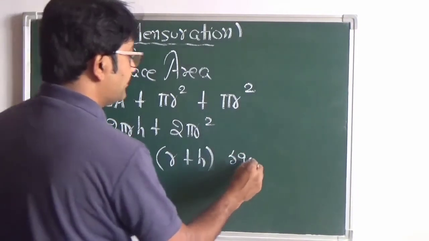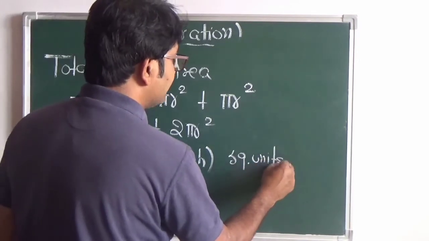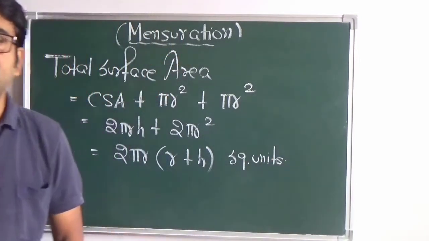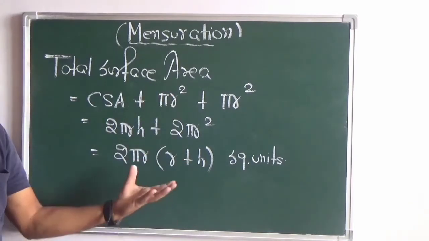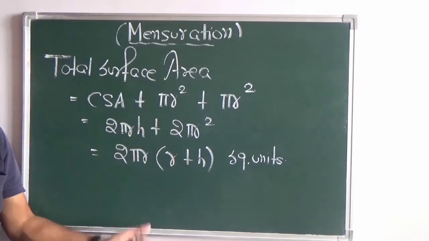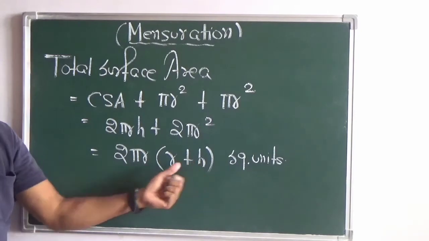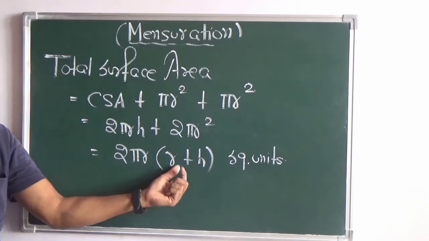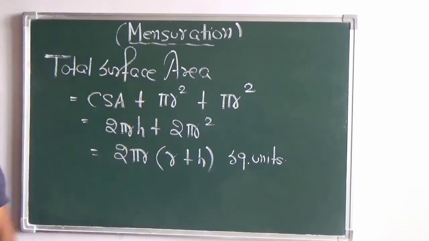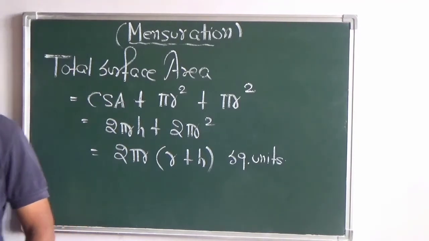Obviously this will be in square units. Area is always measured in square units. So this is the total surface area of a right circular cylinder, where r is the radius of the circular base of the cylinder and h is the height of the cylinder. So note it down, then we move on to the next part, which is the volume of a right circular cylinder.